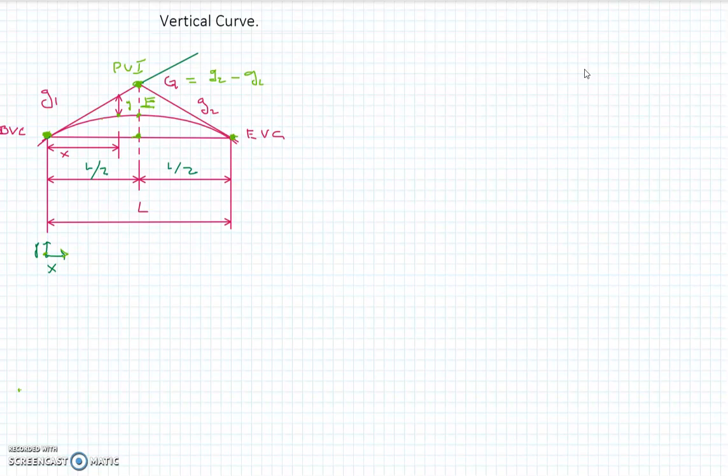The first formulas that I'm going to show you are based on this drawing. They call it the crest curve. In this case, this is the crest curve, and there is also the vertical curve with a sag curve, which is this going down, and this is going up the slopes.